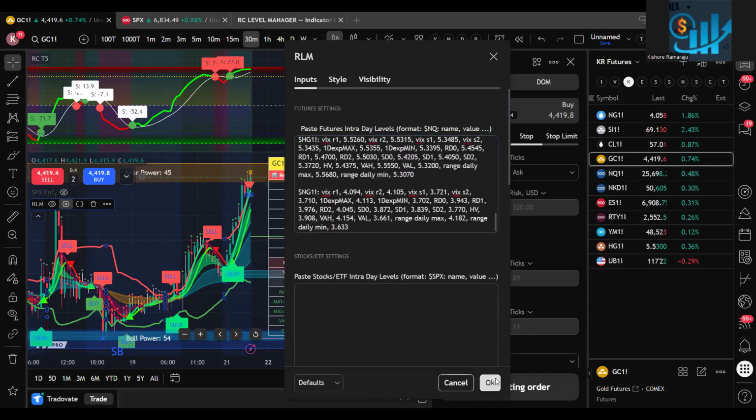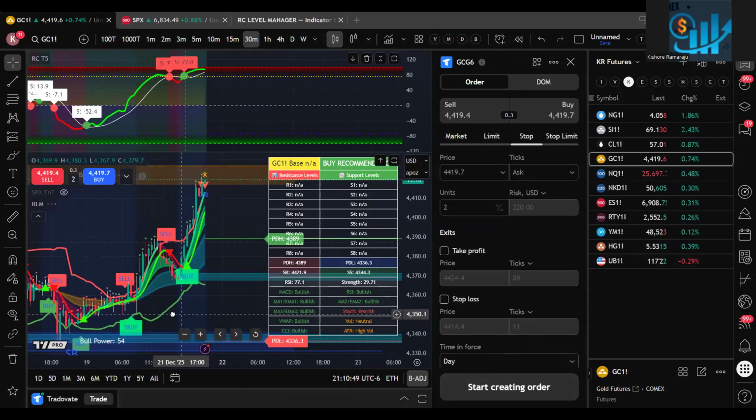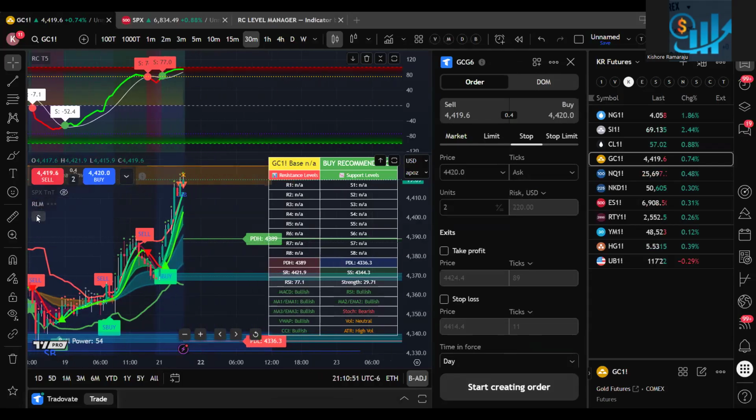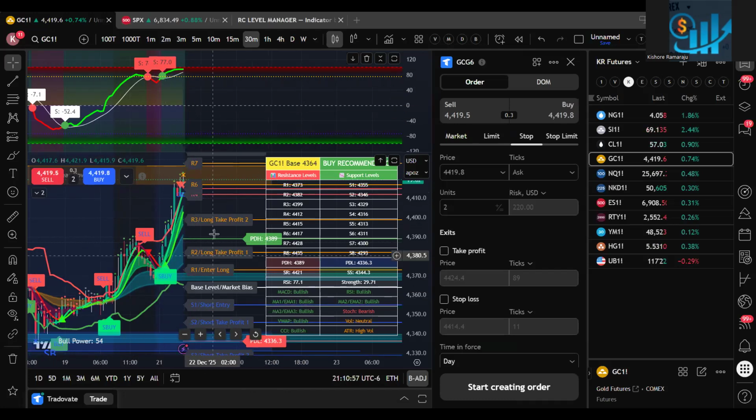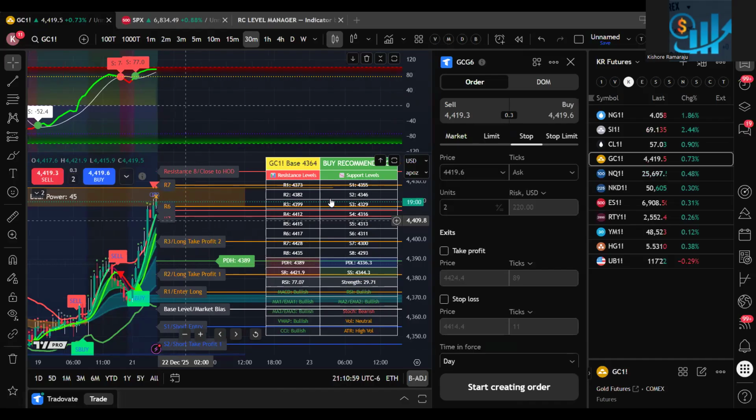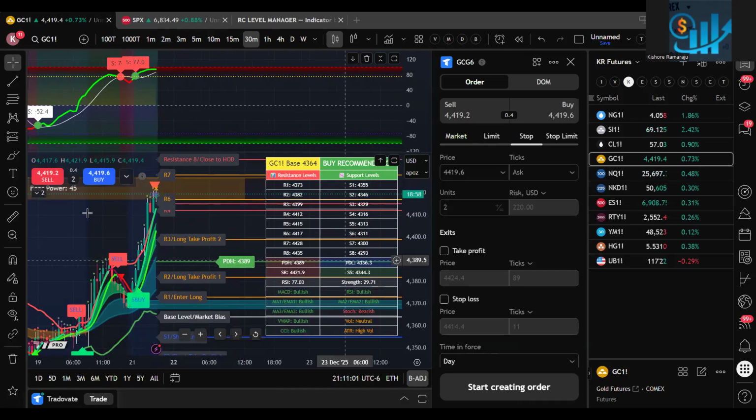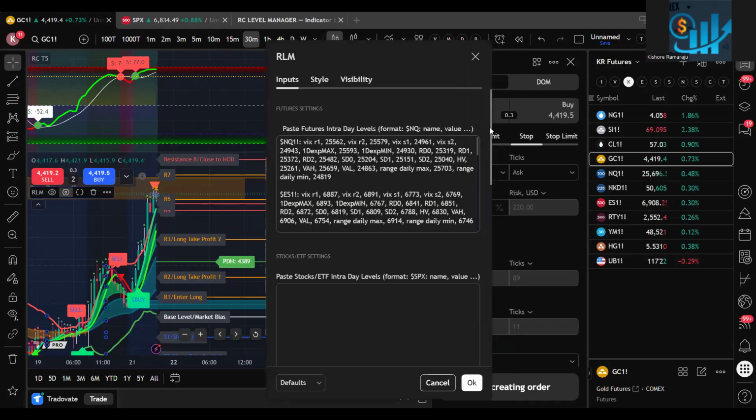You have to just put those levels. Once you put the levels, again you mainly use your T5 and then your. So if you want, you can also.